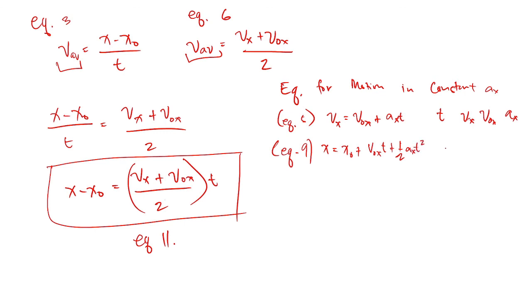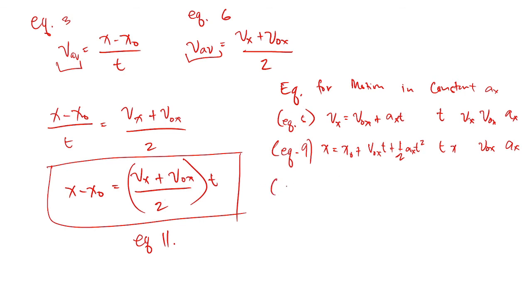As you can see here, the present quantities will be time, our positions, our x's, and we also have our initial velocity and our acceleration.